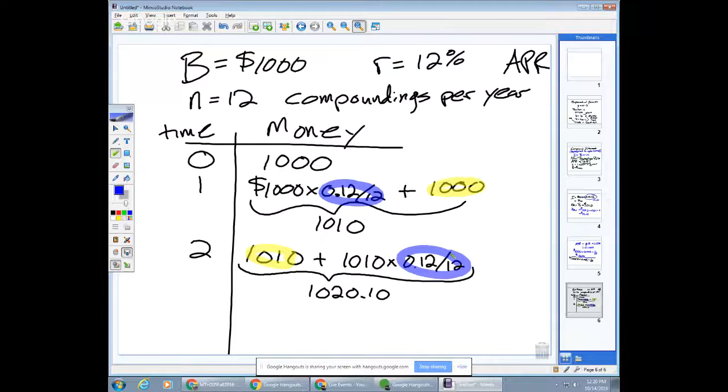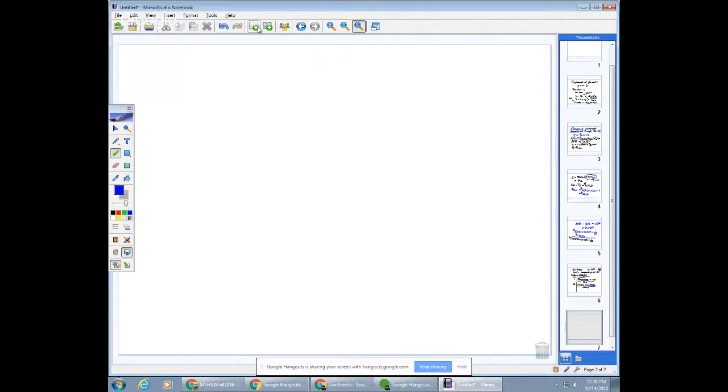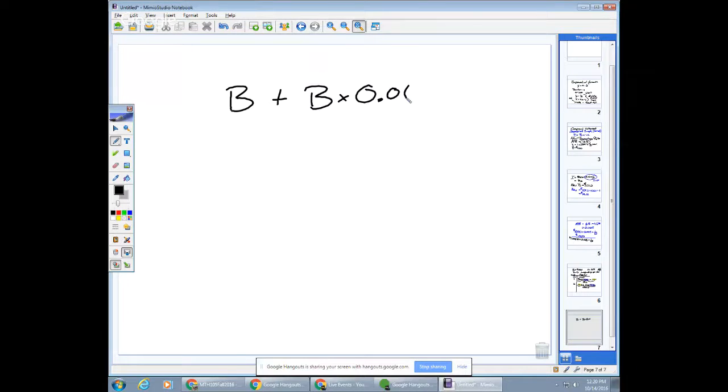So we'll come back to the table in a minute. I'm going to skip over to a new page, and I think what's going on here is I'm taking my previous balance and I'm adding to it the previous balance times that 12% divided by 12, which is really 1%, 0.01. Can I clean this sucker up algebraically?